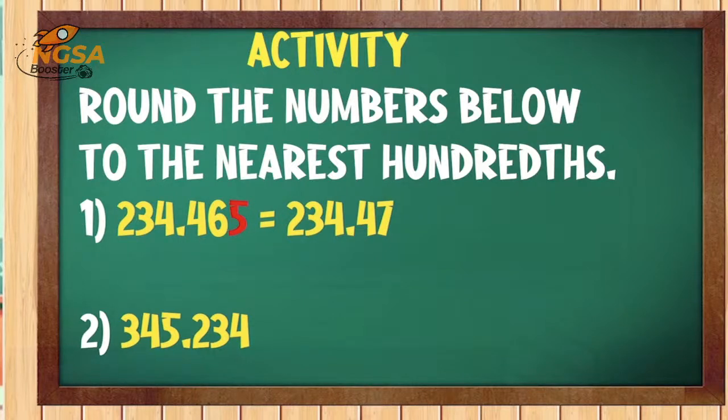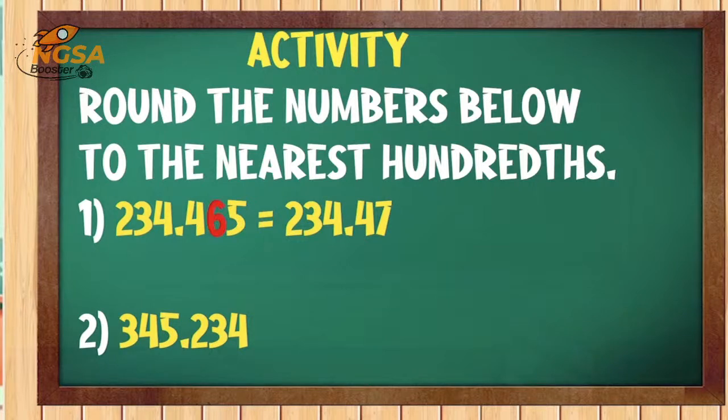And we said once the number is 5 or more, we add 1 to the hundredths place. And the number in the hundredths place is 6. So when we add 1 to that 6, it becomes 7. So 234.465 rounded to the nearest hundredths is 234.47.